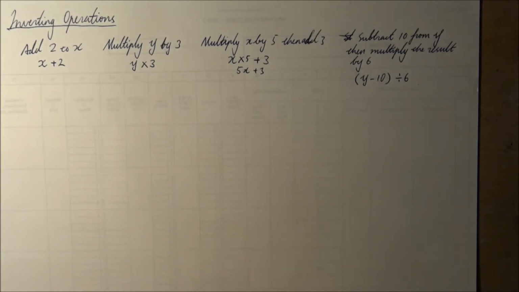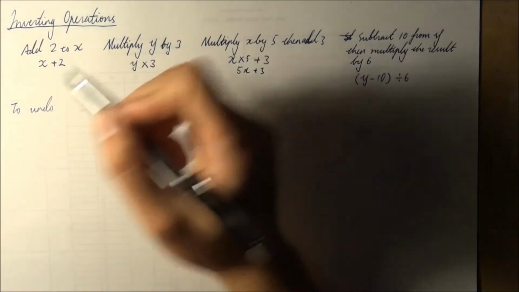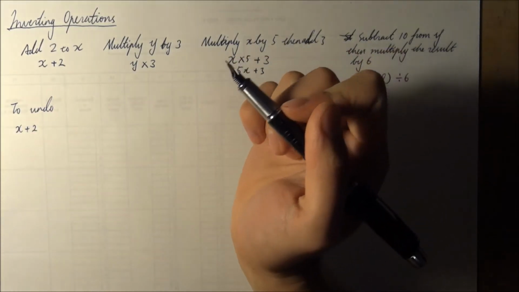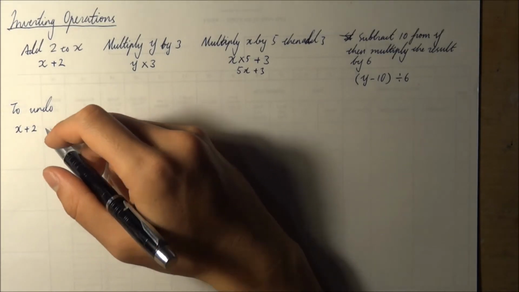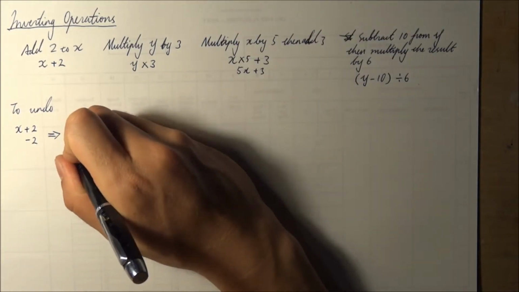In this topic, in equations, it's important that we have to be able to invert these operations. So whatever we do, we have to undo. So for example, if we have x plus 2, if we want to go back to x from this stage, then we have to subtract 2 from it, and it gives us x.